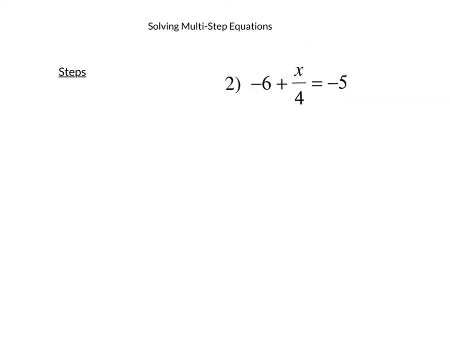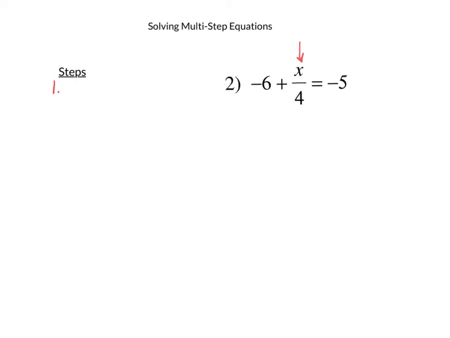Okay, scholars, here we have -6 plus x over 4 equals -5. And again, we are solving multi-step equations, so that means we have to do multiple things. So first, again, we're going to isolate the variable term by moving the -6 or getting rid of the -6.